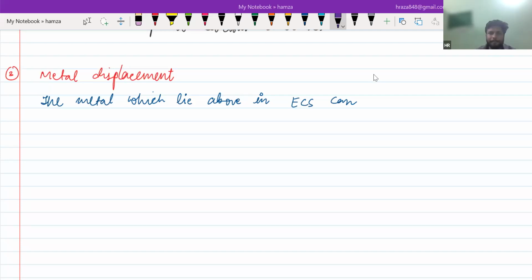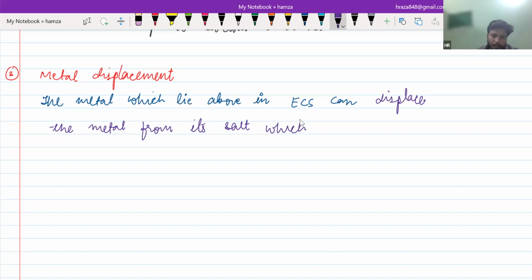Oh, sorry, I was disconnected. Now you can see the metal which lies above in ECS can displace the metal from its salt which lies below in ECS.